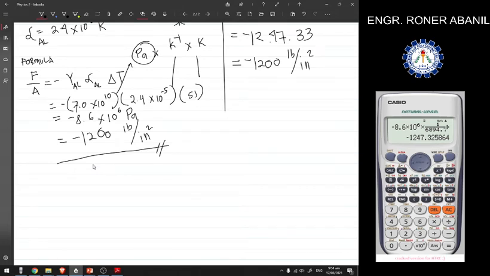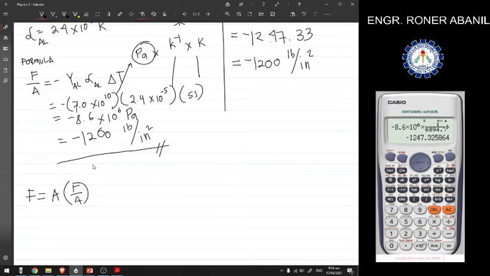Para makuha natin yung force na yun, nandito na siya eh. Nandito na yung formula. Ito yung stress, kukunin na lang natin yung force. Stress equals to force over area, F over A.